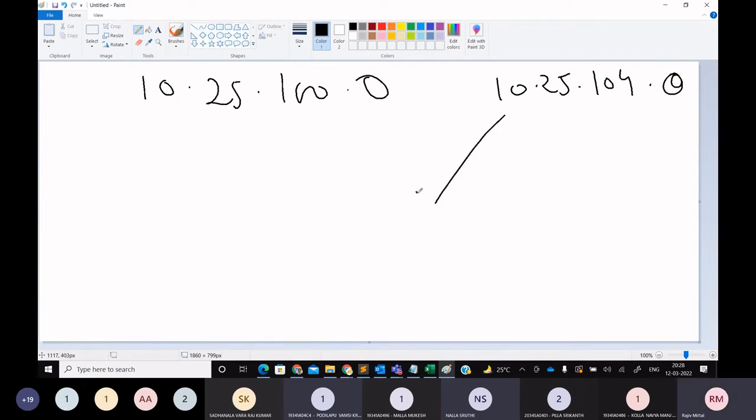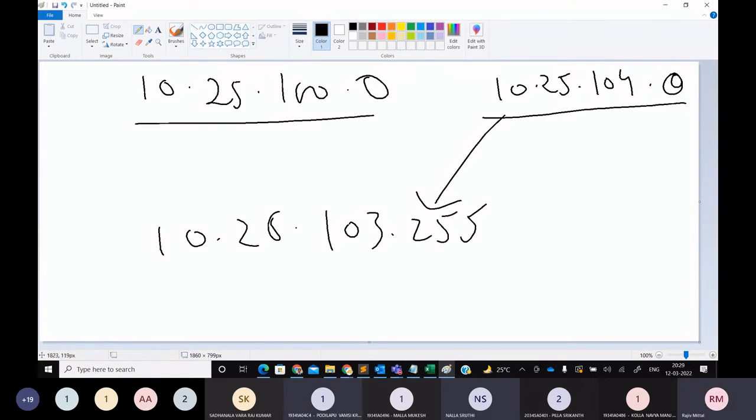So Krishna, tell me, if I subtract 1 from this, what will come? 10.25.103.255. Perfect. Can you tell me, by looking at these two network addresses, what was the subnet mask? 255.